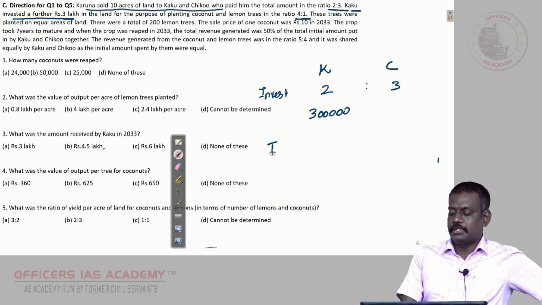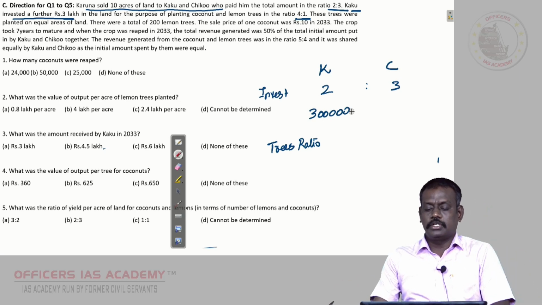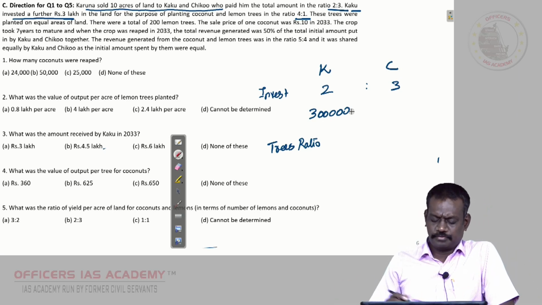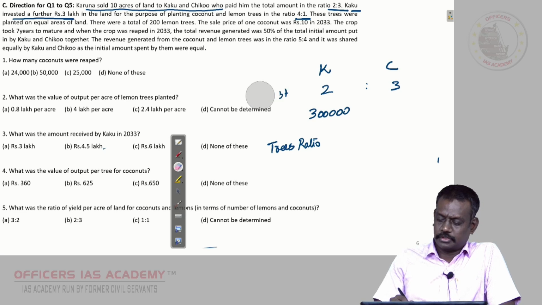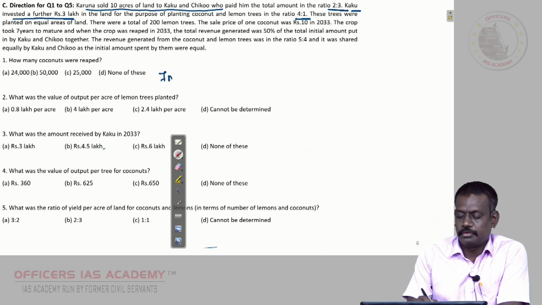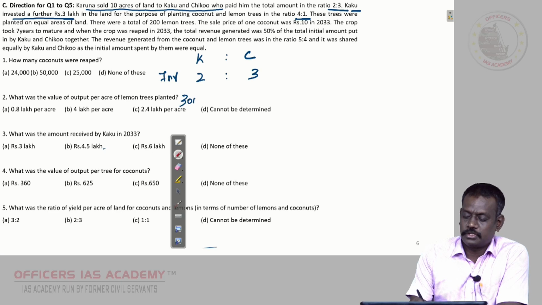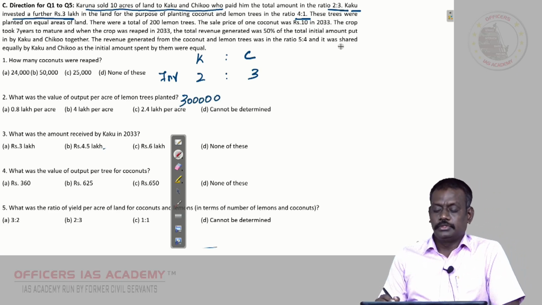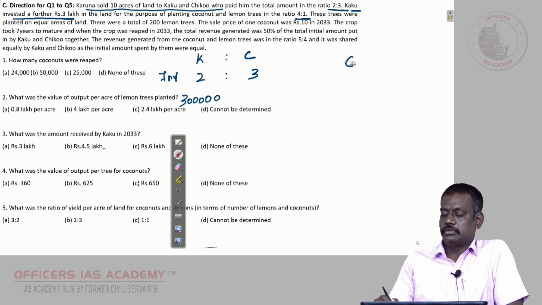So now we will find the trees ratio. Just a minute, I will write it here. So investment: Kaku and Chikku 2:3, and Kaku has invested 3 lakh rupees additionally. And now they are planting coconut and lemon trees.